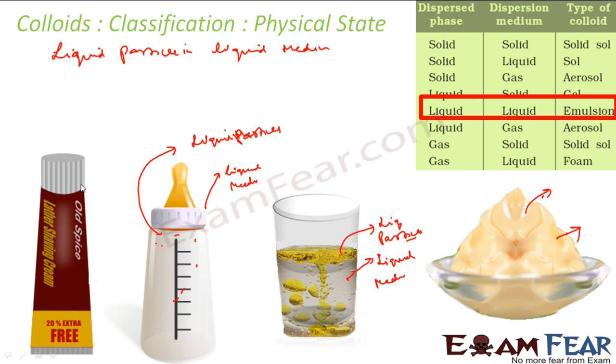When you rub that on your face, you see some solid things, and then when you mix with water, it goes off, right? But if you take any cream, you rub on your face, you will see all liquid. There are no solid particles. There are no hard particles. Correct? Why? Because this again is a colloid. The whole medium is liquid, and the particle inside this is also liquid.